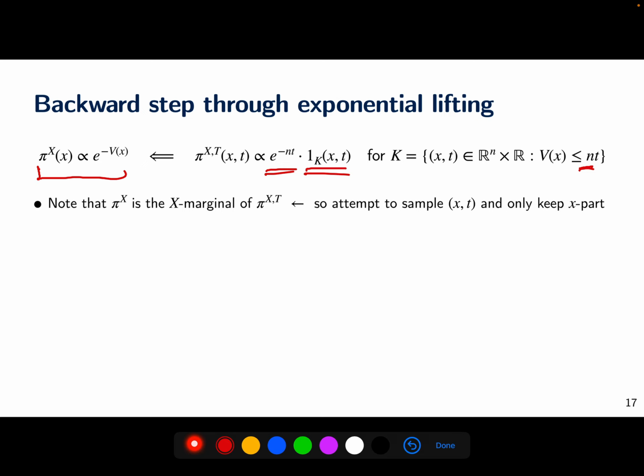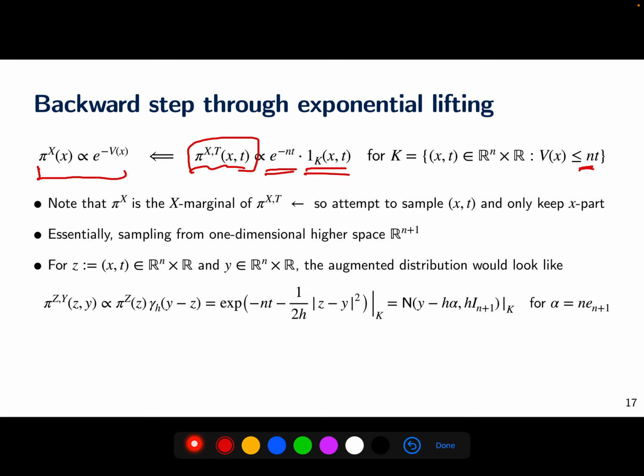And you can easily check that phi of x is the x marginal of this augmented, lifted distribution, so all you need to do is sample from this augmented distribution and then discard the t part, only keeping the x part. Then you're done. So essentially, you just do the sampling in a one-dimension-higher space.